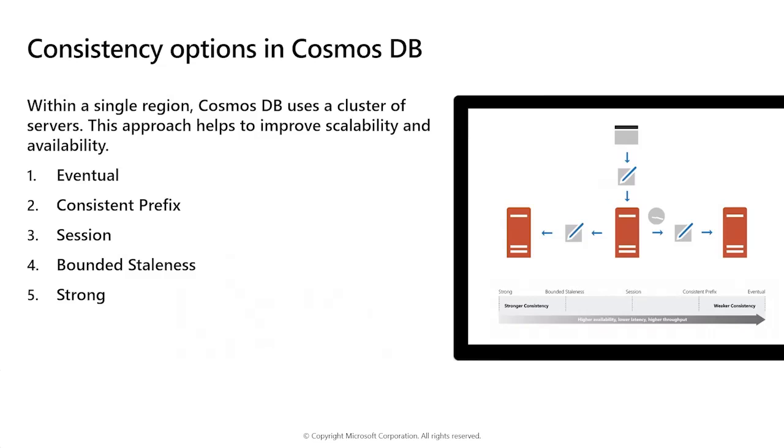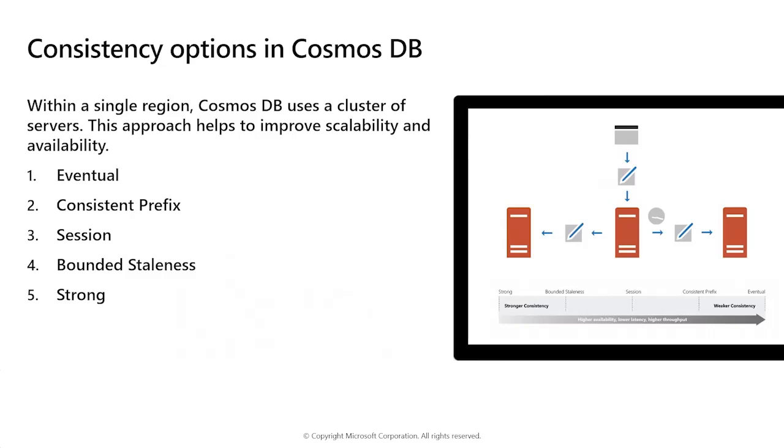Bounded staleness is where there's a lag between writing and then reading the updated data. So you typically specify this staleness as a period of time, or a window, or number of previous versions where this data may be inconsistent.